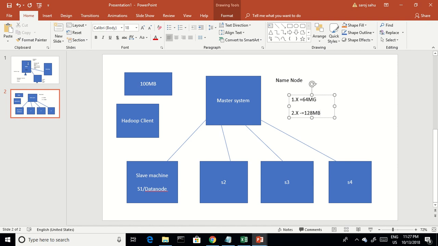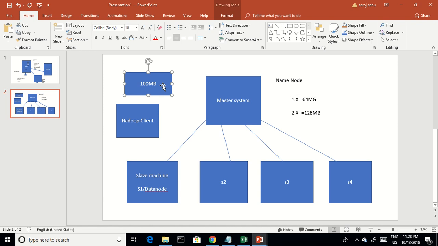So what is block size? Block size is nothing but the chunk of data it can read or write at a single point of time. That is called a block. If you take the example in Hadoop 1.x, the block size is 64 MB.